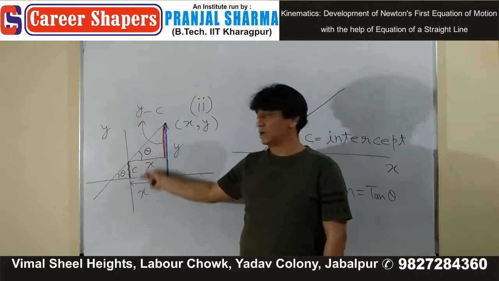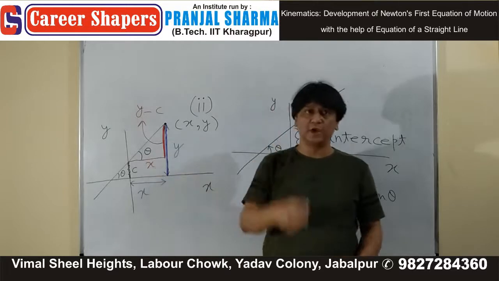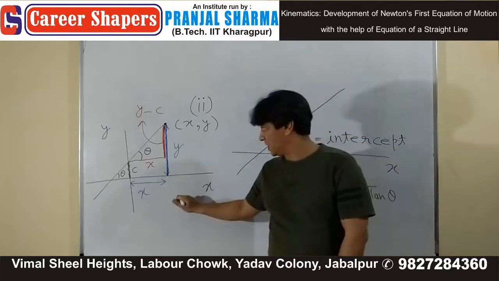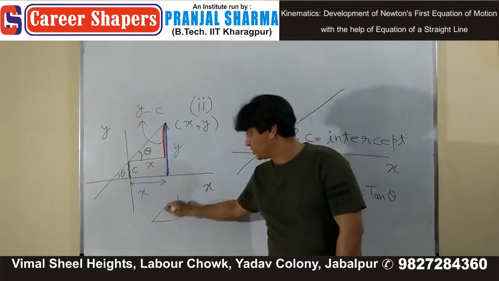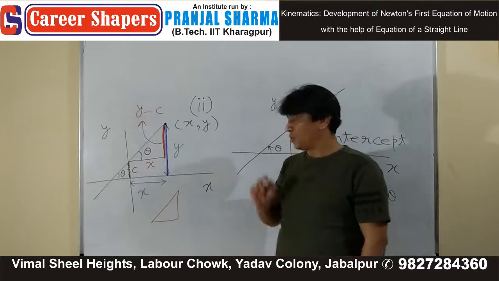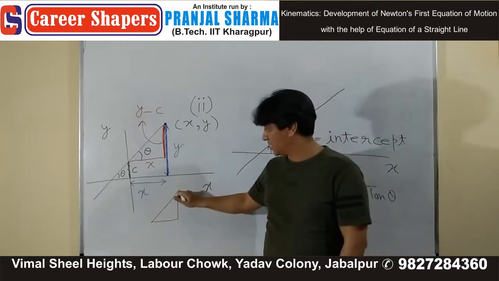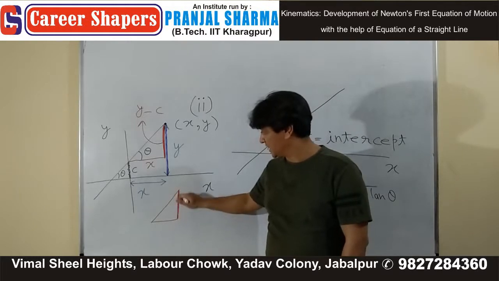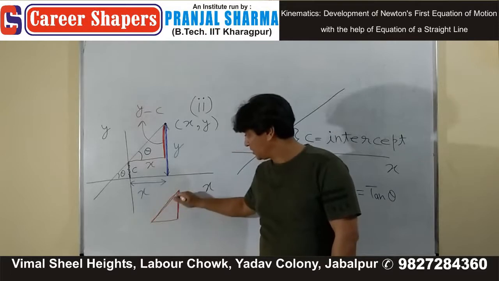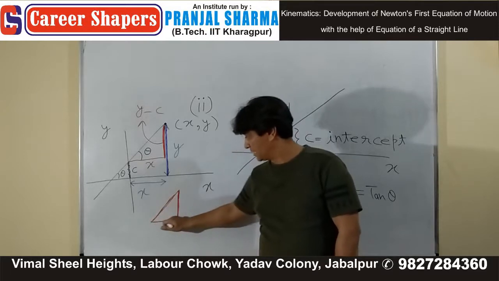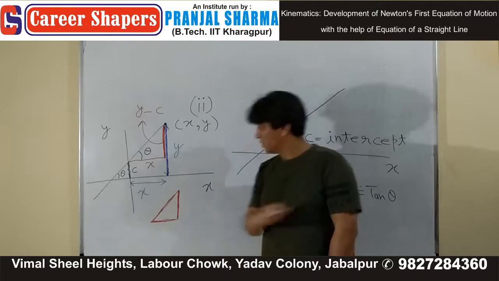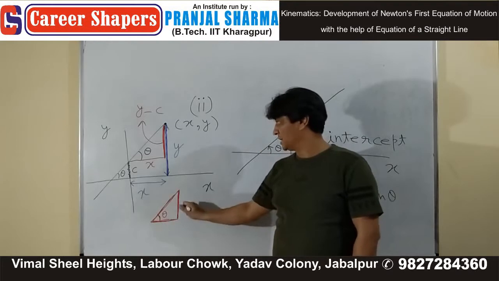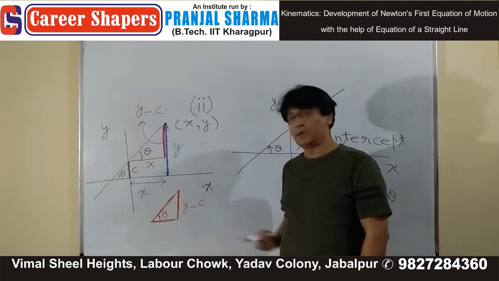You've got two parallel lines and therefore this angle is theta. And you ultimately arrive at this figure. We have a red triangle. Red I am just using so that you can distinguish easily. We have a triangle like this. This angle is theta. This length is y minus c.